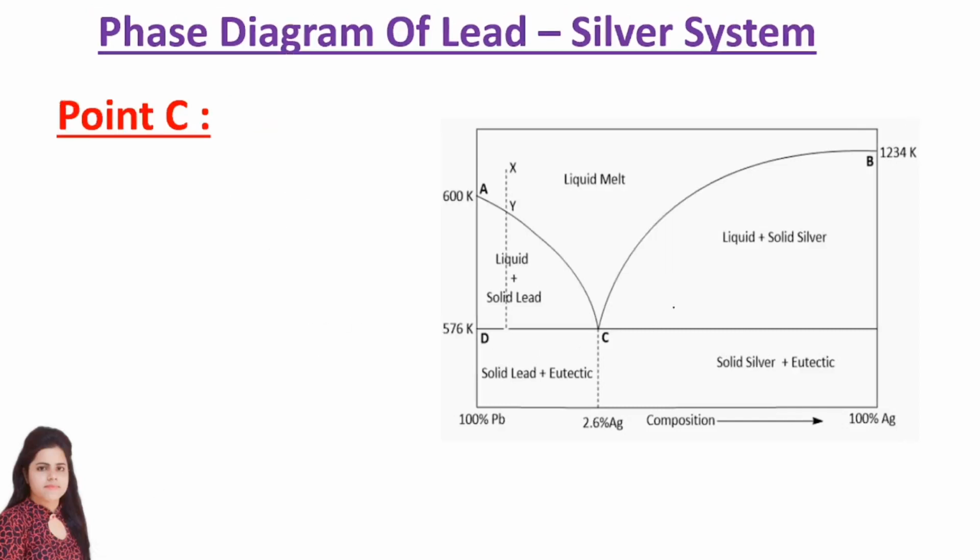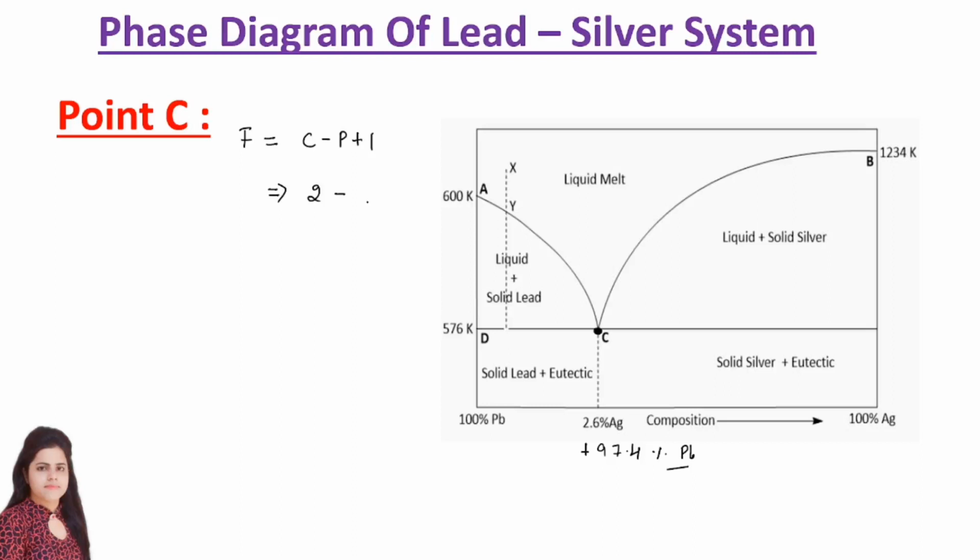Then next is the eutectic point. At this eutectic point the composition of the mixture is also fixed: 2.6% silver metal and 97.4% lead metal. Here again I will use the equation F = C - P + 1. The number of components, as always, is 2.